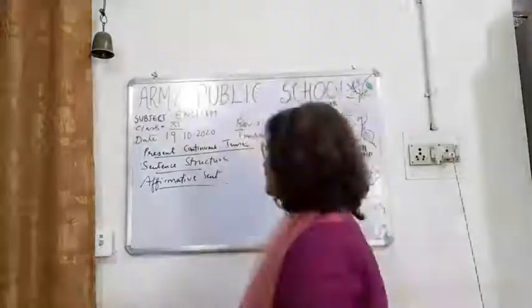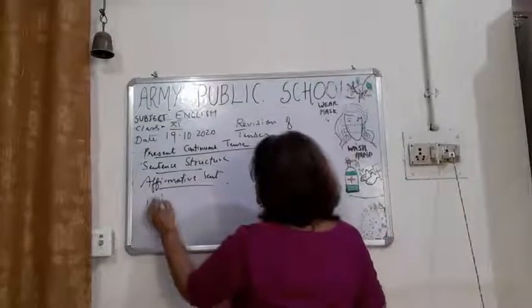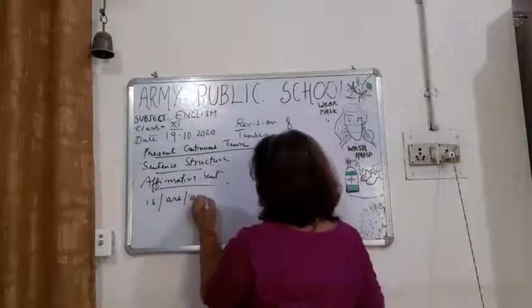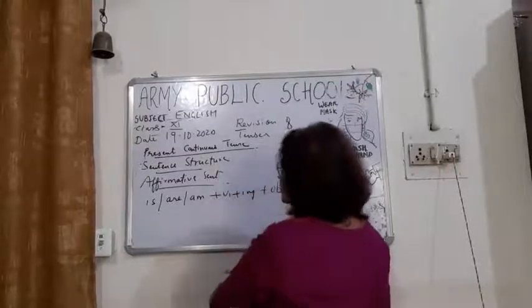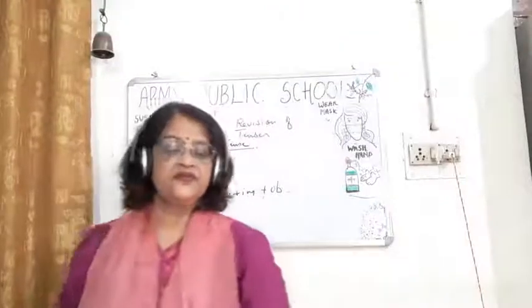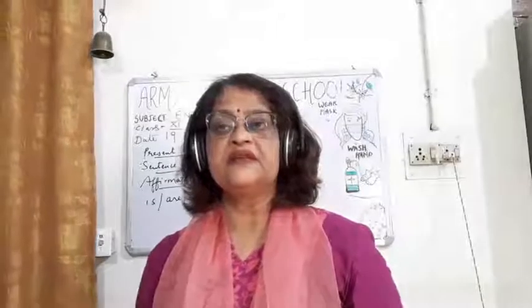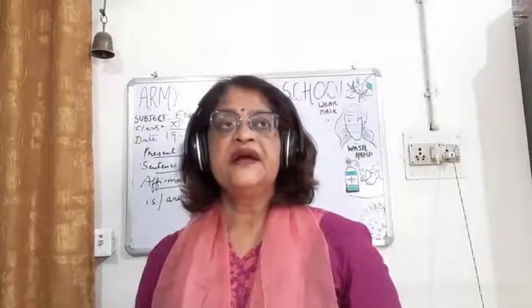You have to write it: is, am, are plus V1 plus ing. Is is used with singular, am generally is used with I, and are is used with plural.